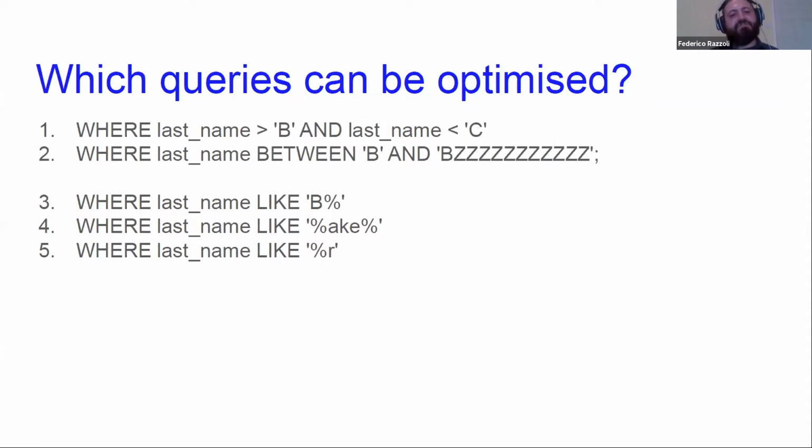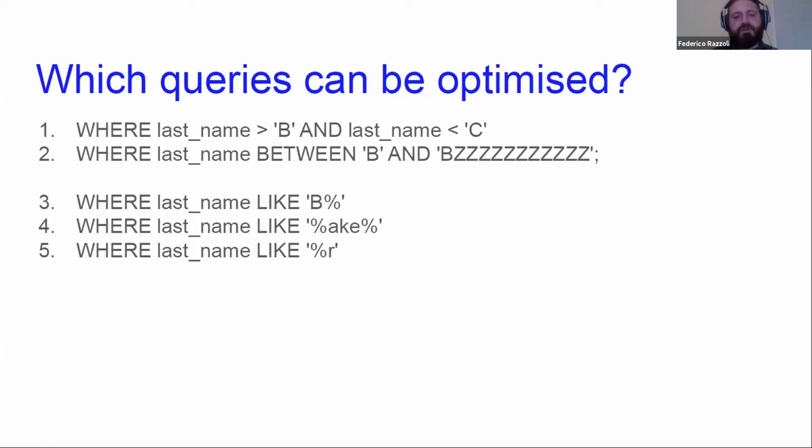So checking if a last name starts with B is like checking if it is between B and C. So again, it is an operation based on the order of the last names.